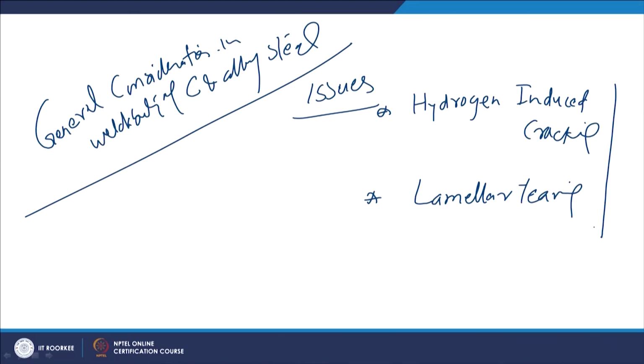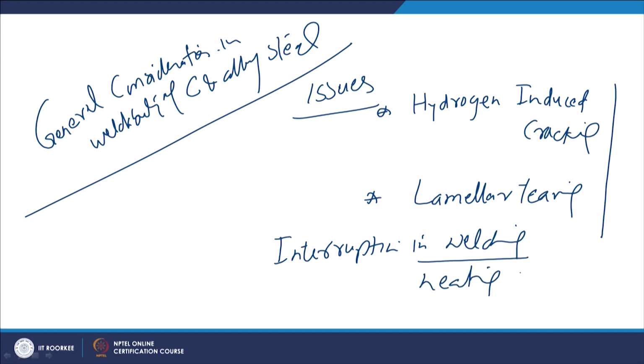In addition to these two issues, problems are also imposed due to interruptions in welding, more primarily interruptions in heating during welding. So, what kind of interruptions will occur and in which way they can affect the ease of welding, or create issues associated with the welding.